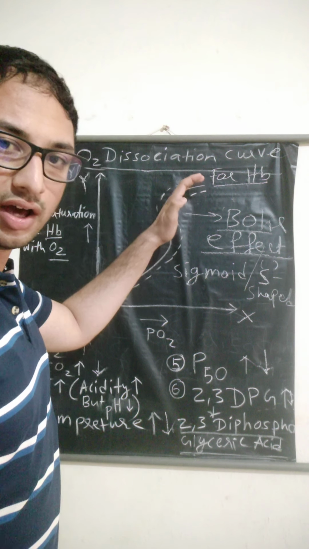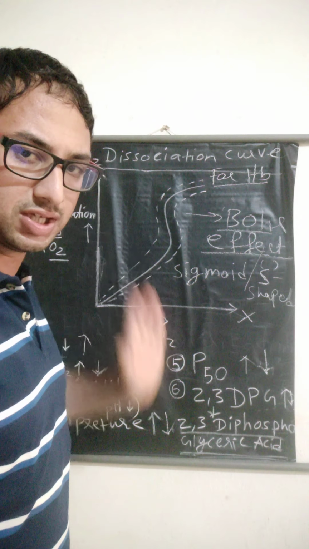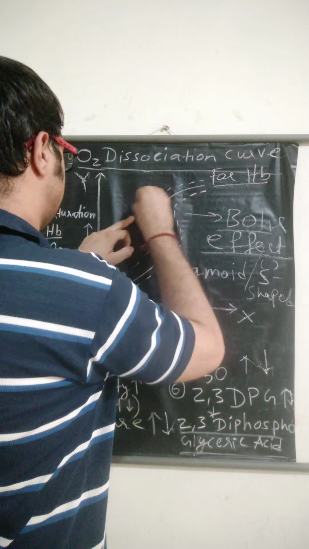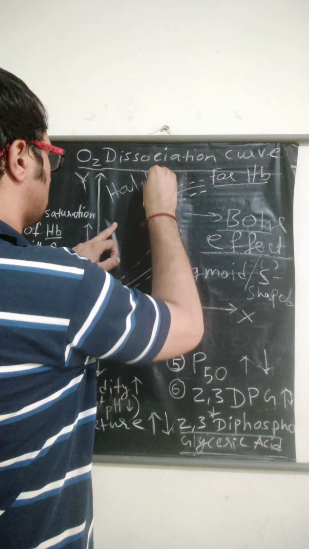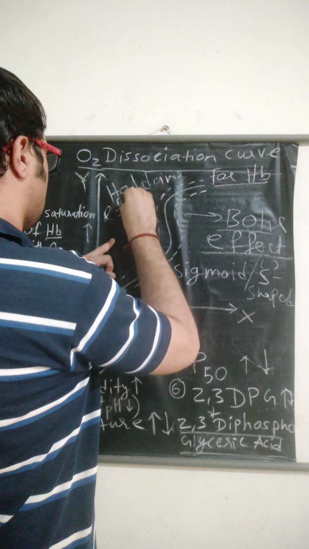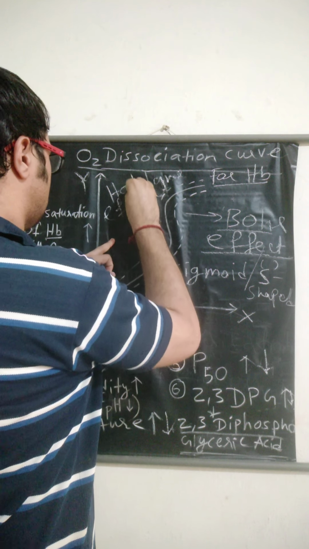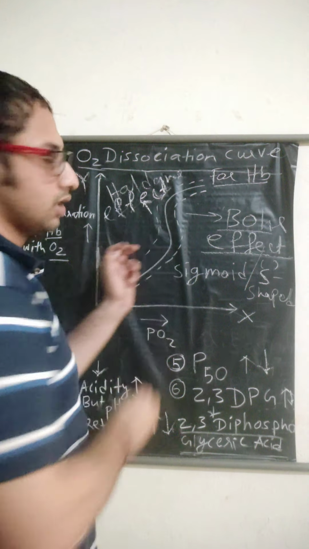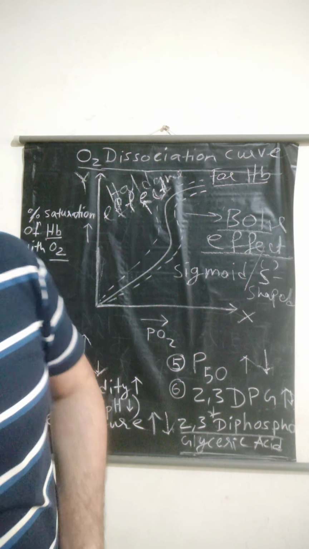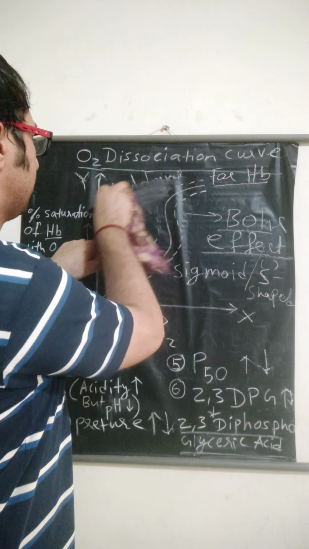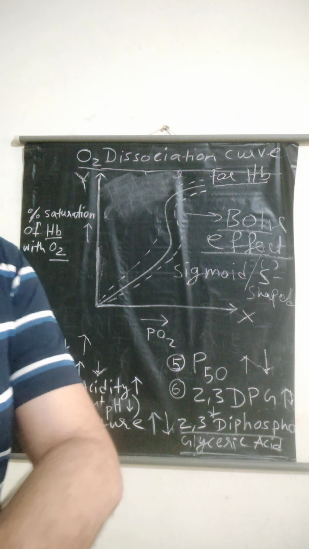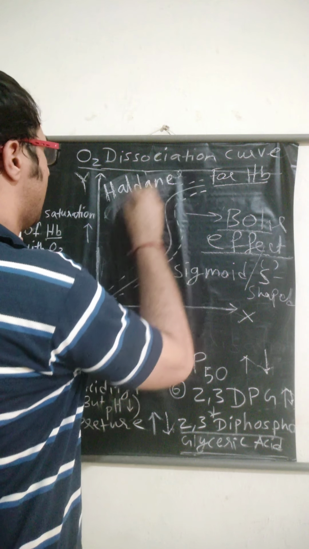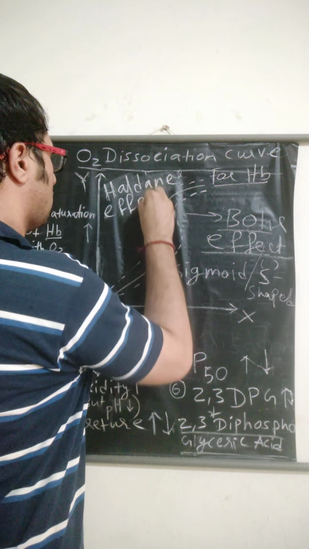If these opposite conditions are there, the oxygen dissociation curve will shift toward the left direction. This is related to the Haldane effect.